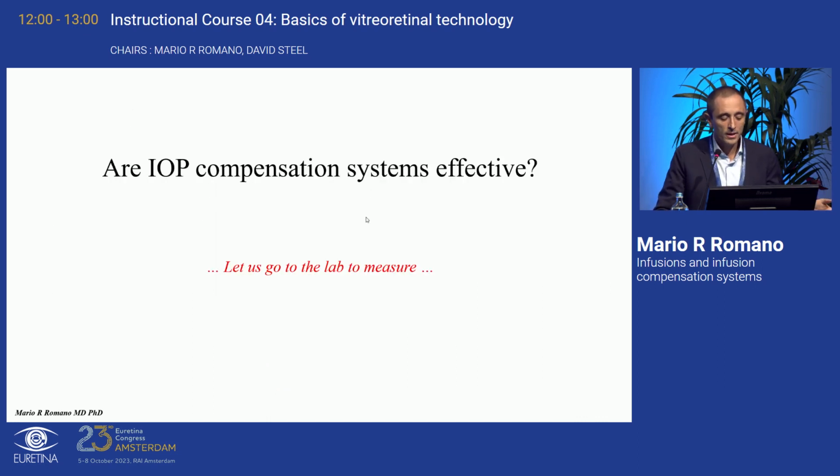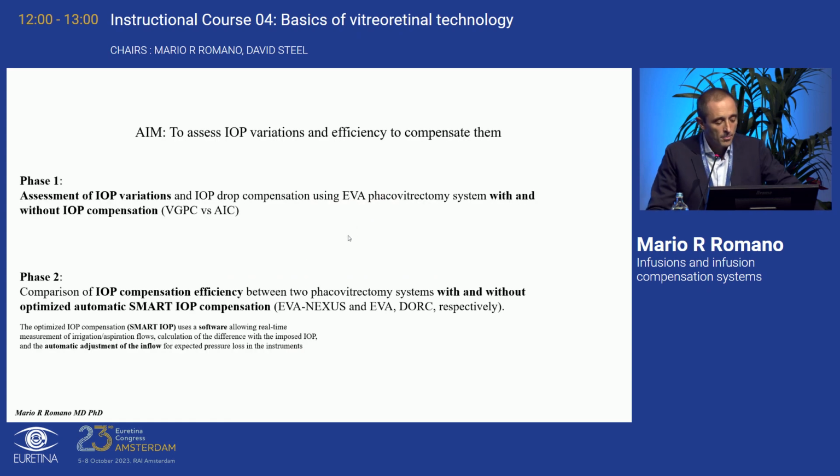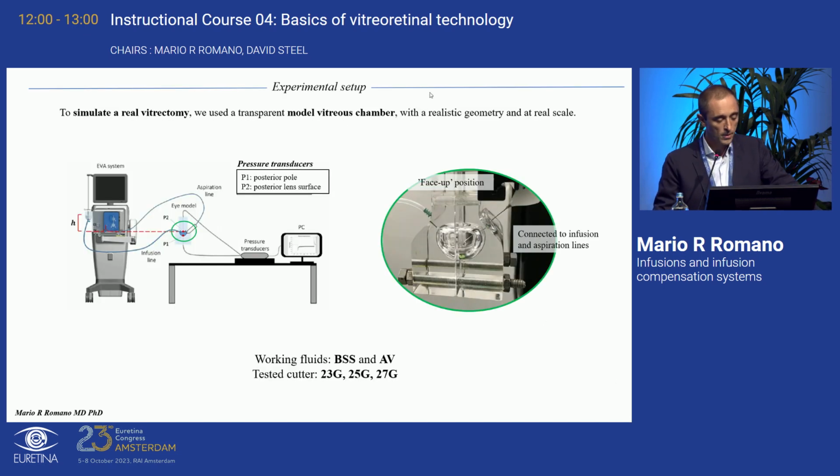But are they working well? In the paper that we published, and another one under submission, we assessed the IOP variation with and without IOP compensation, with the help not just of hardware but also of software optimizing this IOP compensation. This is our model.